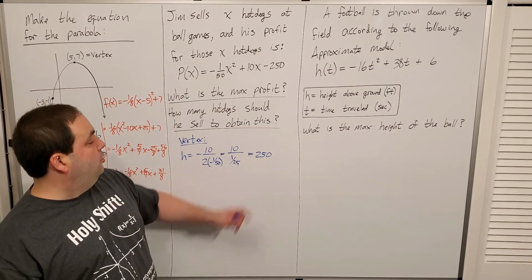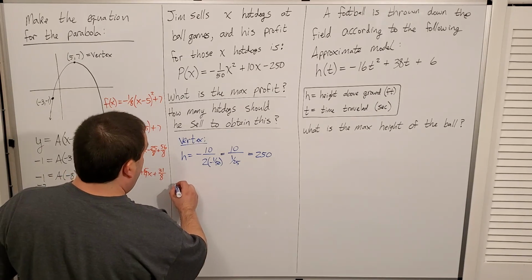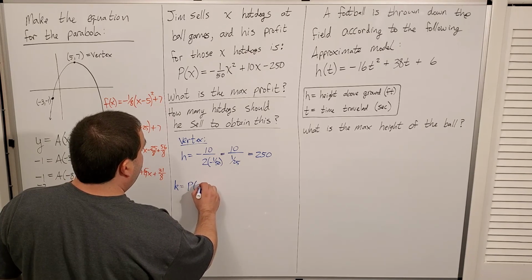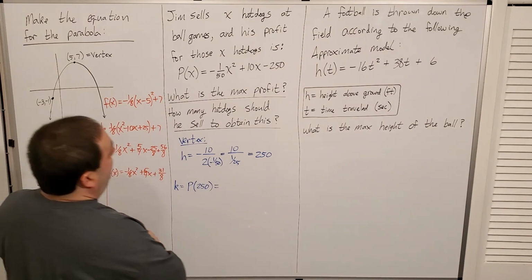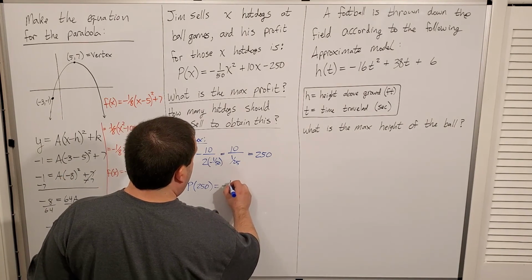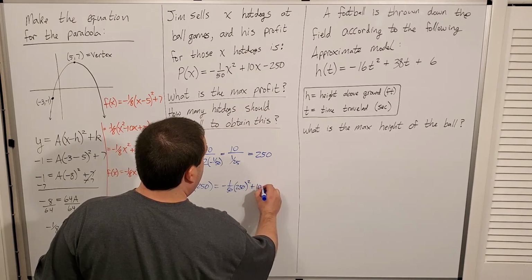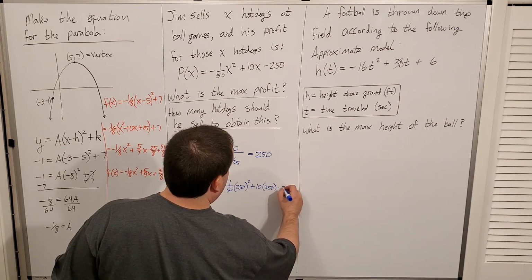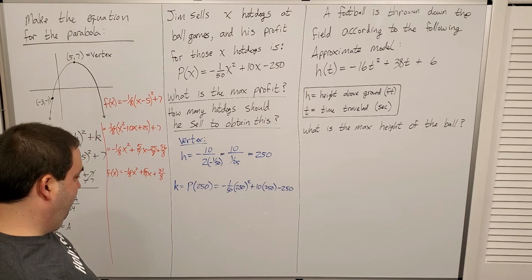So my h is 250, okay? And then my k is going to be p of 250. So then I would have negative 1 over 50 times 250 squared plus 10 times 250 minus 250. That's a coincidence, huh? Okay.